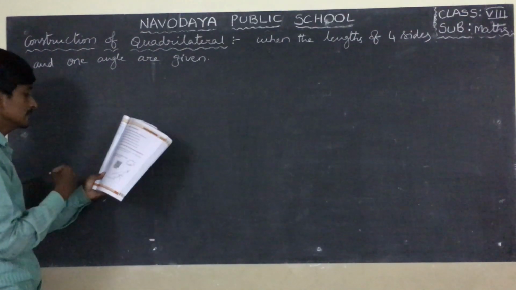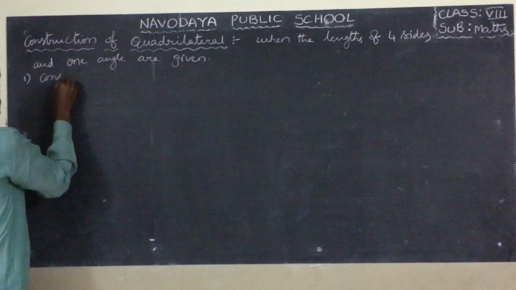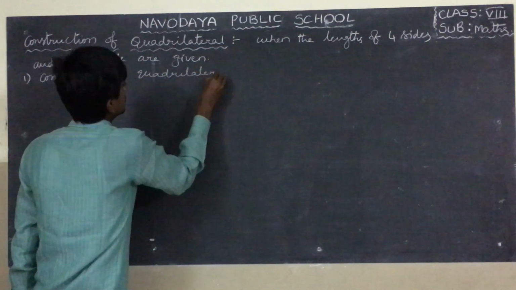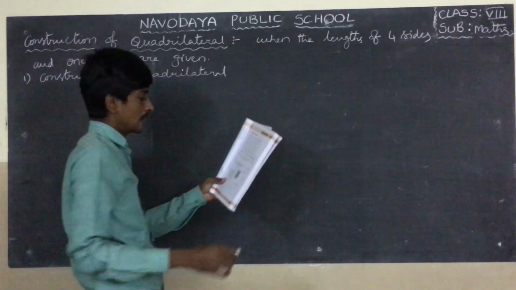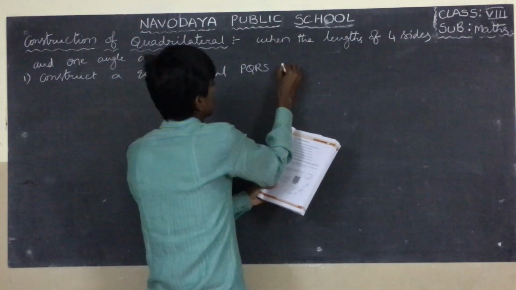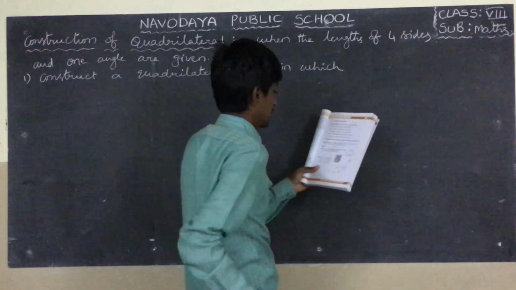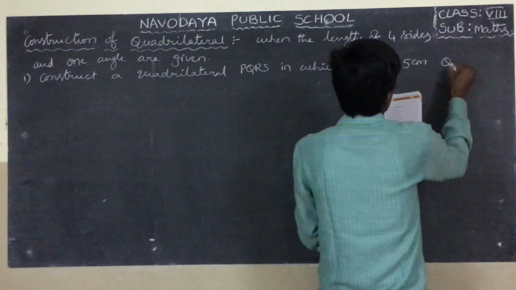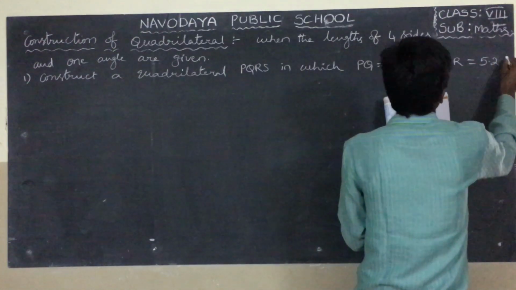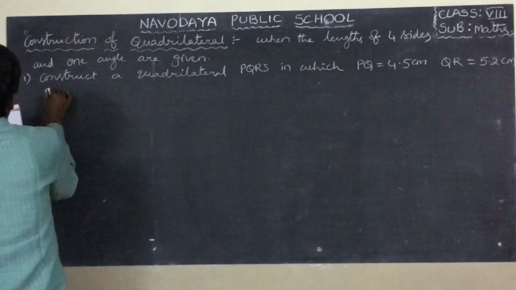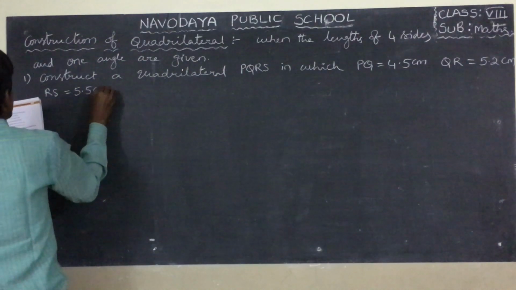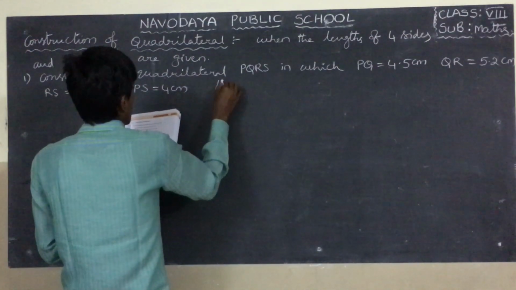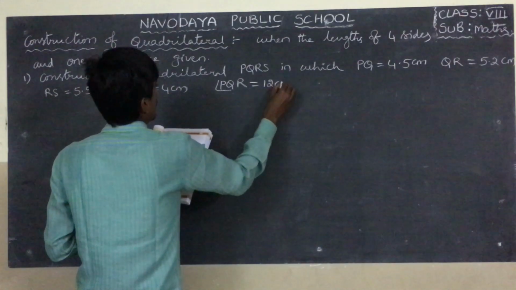First one. Construct a quadrilateral PQRS in which PQ equals 4.5 centimeters, QR equals 5.2 centimeters, RS equals 5.5 centimeters, PS equals 4 centimeters, and angle PQR is equal to 120 degrees.